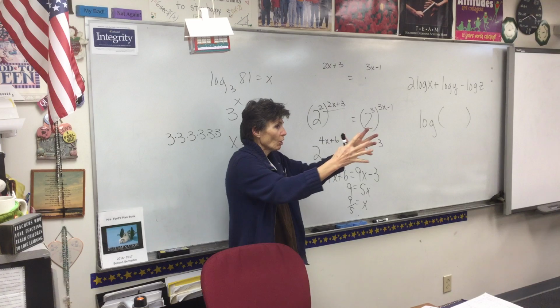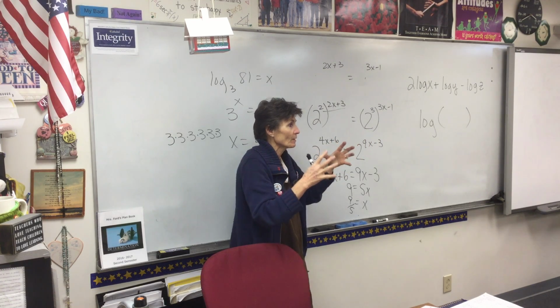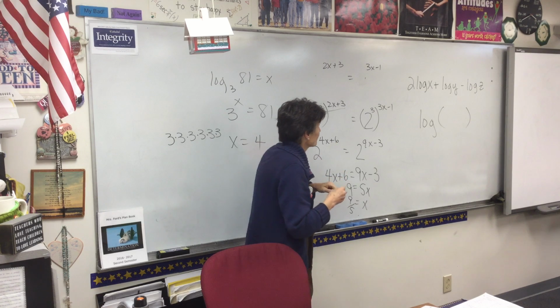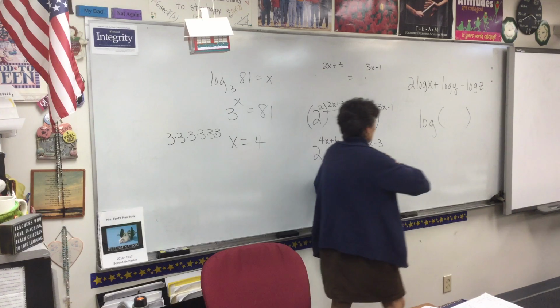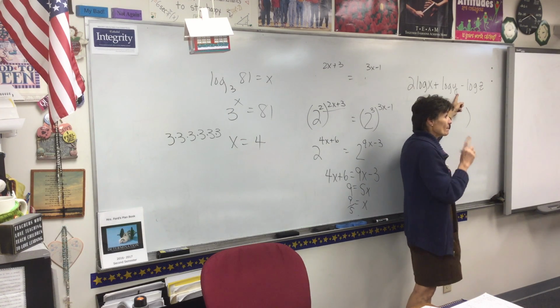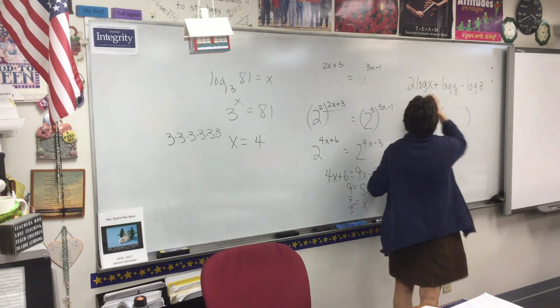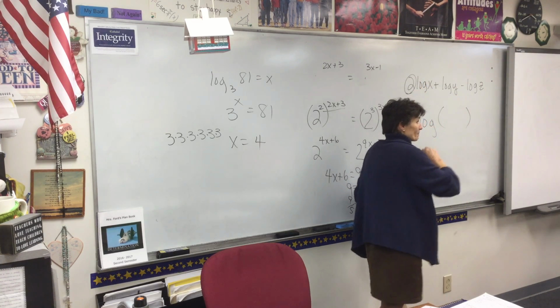You remember how to put all this together, Tanner? The log x plus the log y equals the log xy. Put them together. Okay, these are going to go together as a multiplication. But before you do that, what do you do with that?